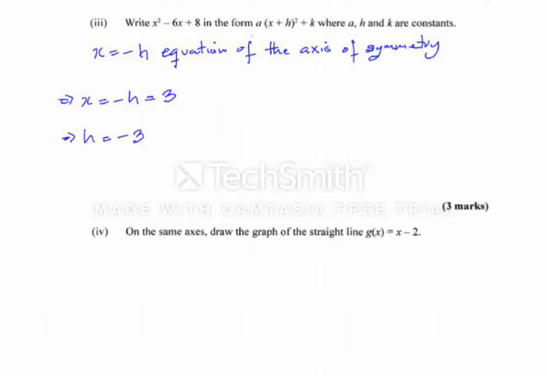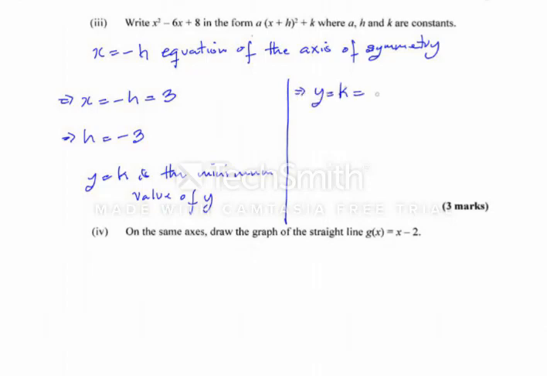Then y is equal to k is the minimum value of y. Therefore, y is equal to k, which is equal to minus 1, is the minimum value of y.